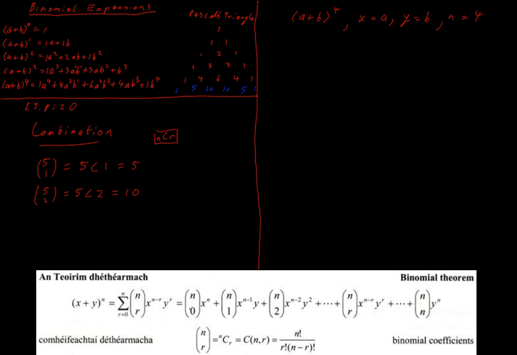The easiest one to read, and certainly the easiest one to start with, is the expanded form here, the larger bit of writing. So that's going to be 4C0. We know what that's going to be.